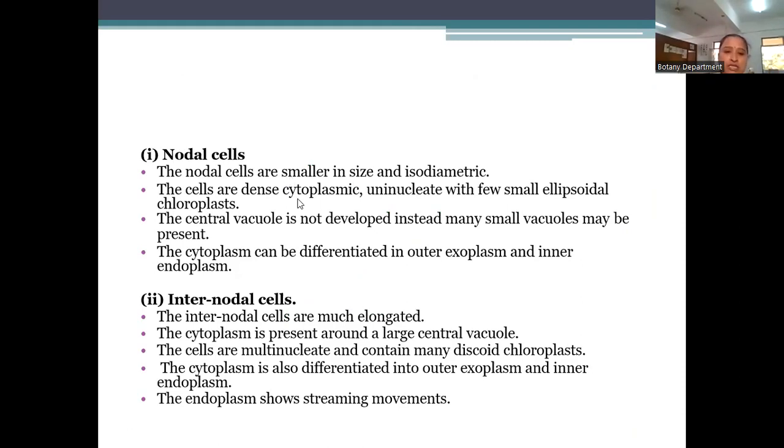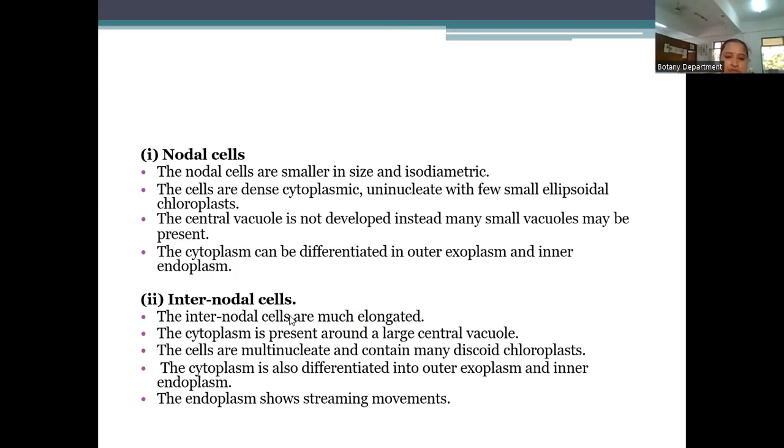The cells have dense cytoplasm, are uninucleate, with few small ellipsoidal chloroplasts. A large vacuole is not developed inside; many very small vacuoles may be present in the nodal part. Cytoplasm can be differentiated into exoplasm and inner plasm. This is the nodal cell structure.